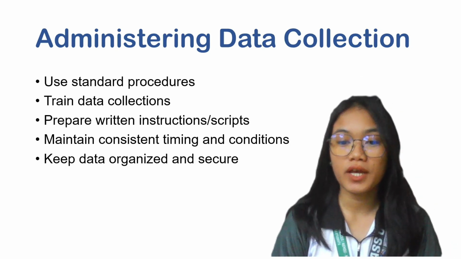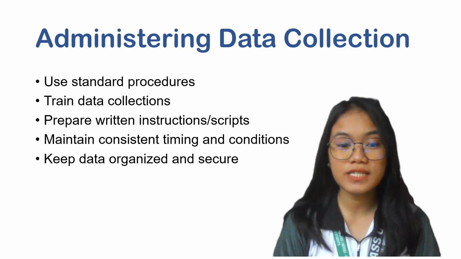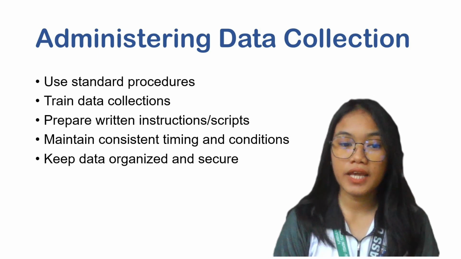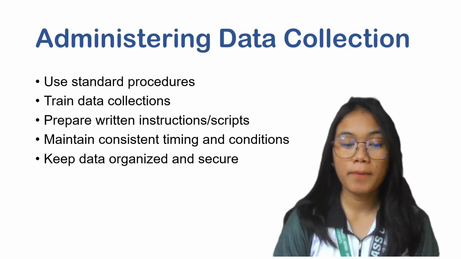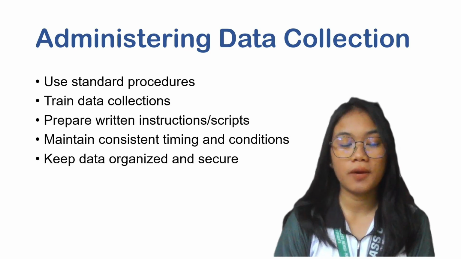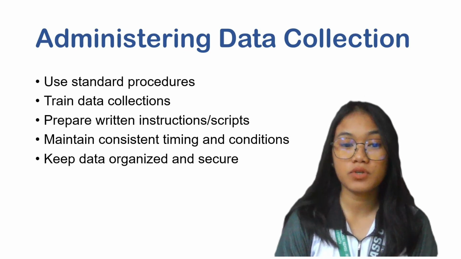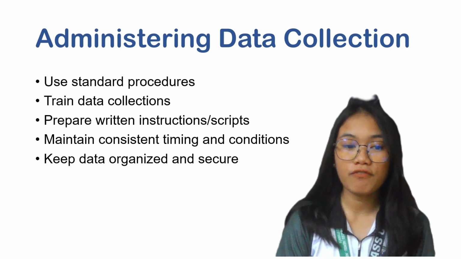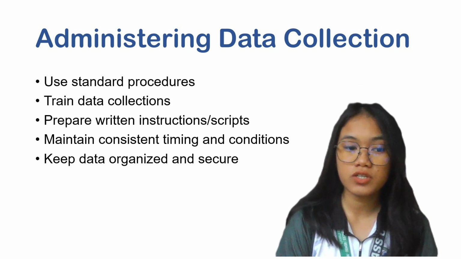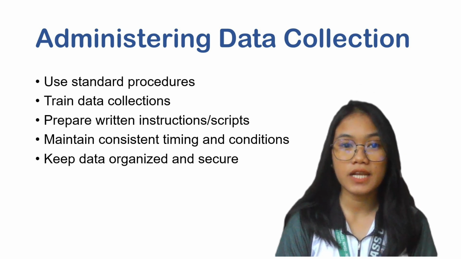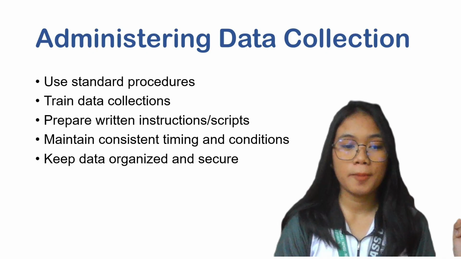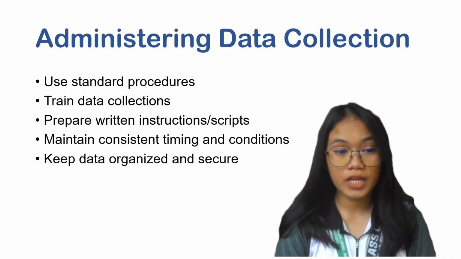Administering data collection. Once everything is prepared, data can now be collected. But quantitative research requires standardized procedures, meaning everyone receives the same instructions. The steps are written and followed strictly. Data collectors are trained.